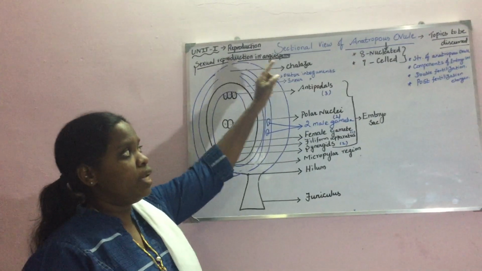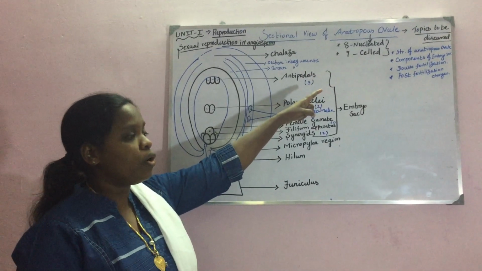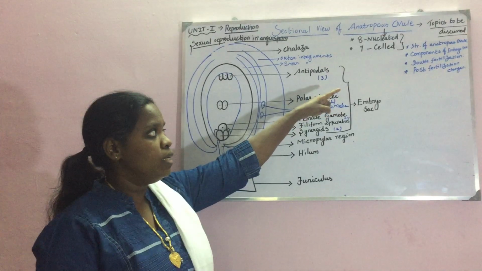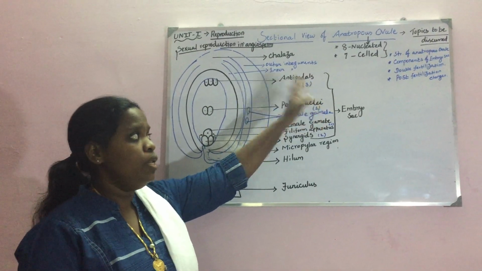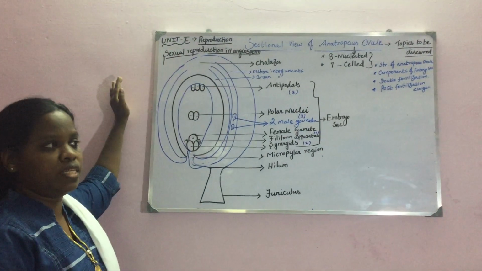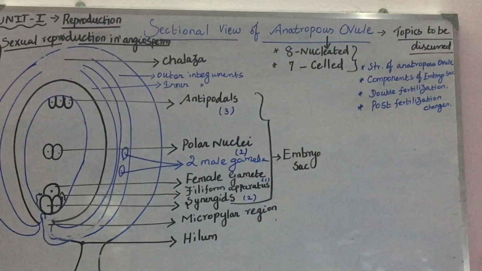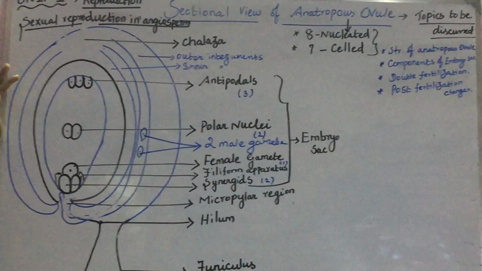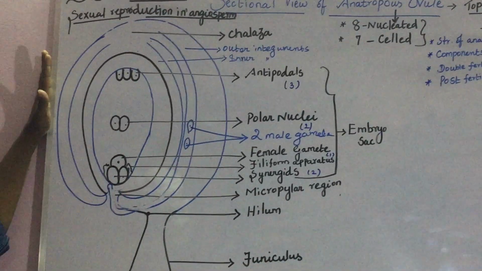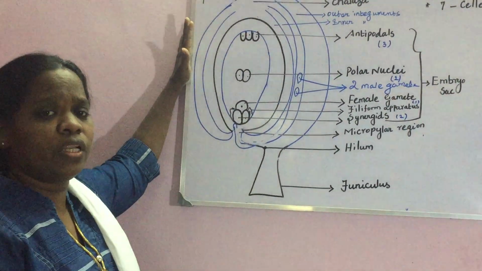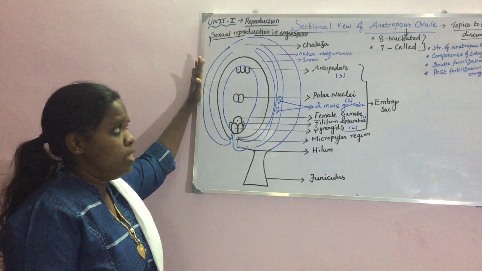One is the structure of anatropous ovule, the components of the embryo sac, double fertilization, and post-fertilization changes. Definitely we'll get 5 marks from this concept. First, let us learn about the structure of anatropous ovule.